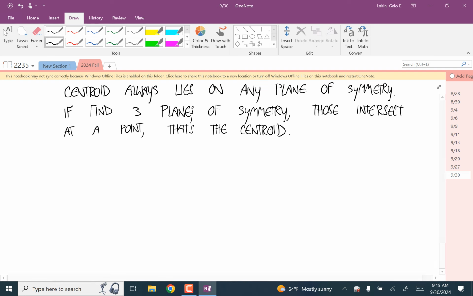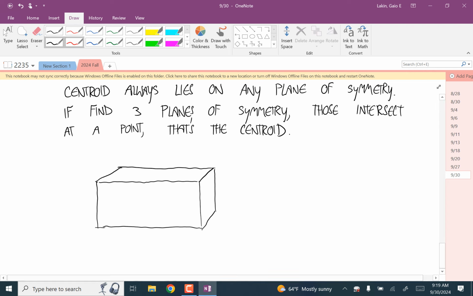Okay, so let me try to just draw a picture of this. So let's say that this is your 3-dimensional shape. And you have one plane of symmetry like this.